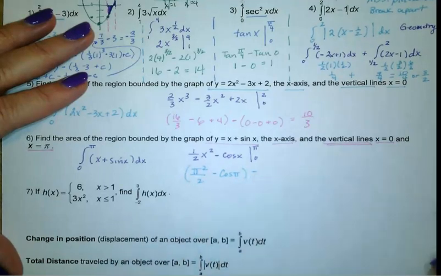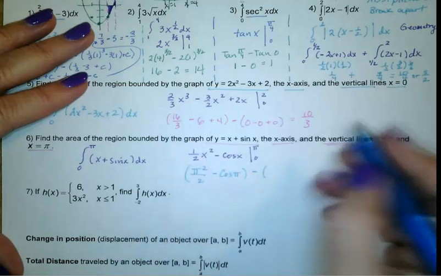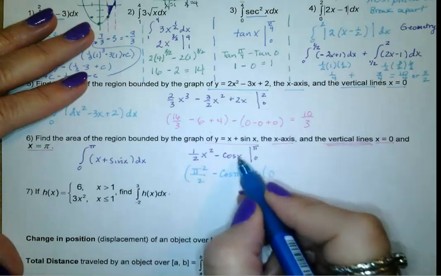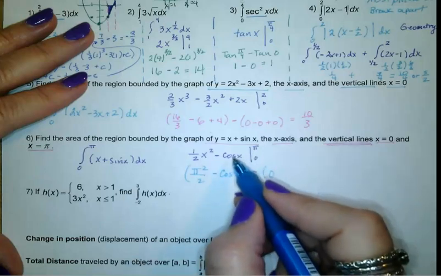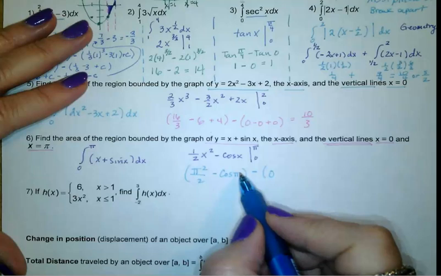And then I'm going to repeat the process for the lower bound. So when I put a 0 in here, that's going to zero everything out. And I'm going to have that 0. And then what if I put 0 in here? Cosine of 0. So you would be able to figure that out, because that would just be 1. And then it's going to be negative.